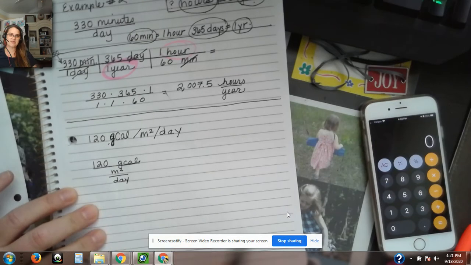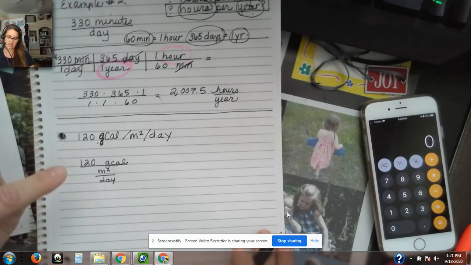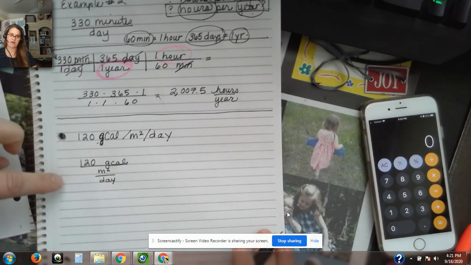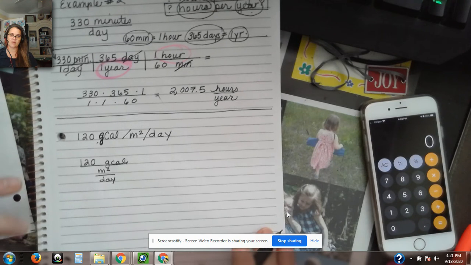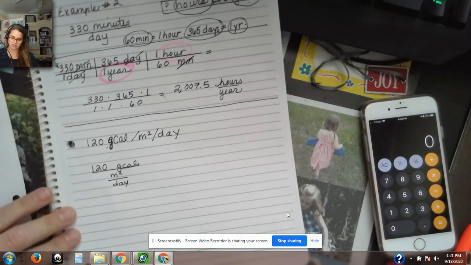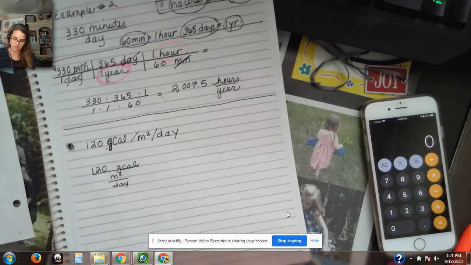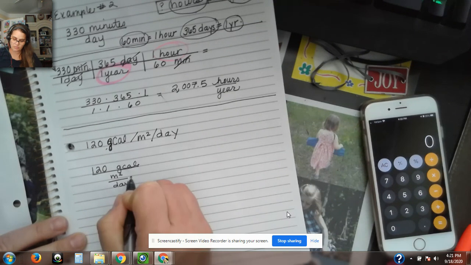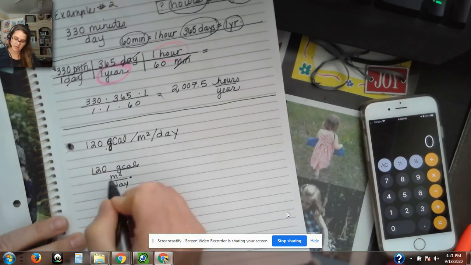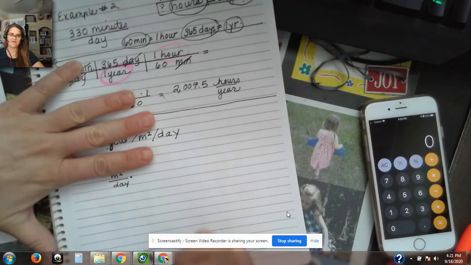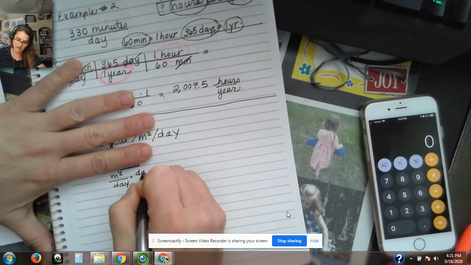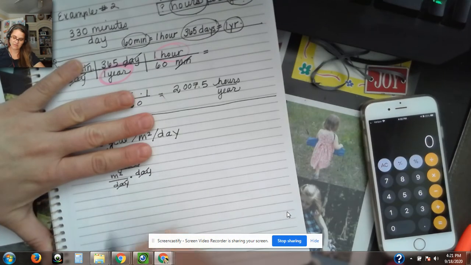So what I want you to see is technically you have a fraction in the denominator. Now, I'm going to show you how this works out, but then once I show you how it works out, you can just kind of take the cheater method here. So if I multiply the numerator and the denominator by day, those cancel out.